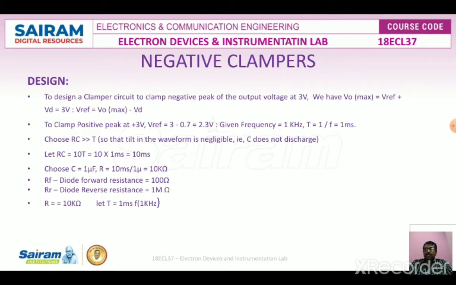By using that we can find the capacitor is 1 microfarad, and R is 10 milliseconds divided by 1 microfarad, which is 10 kilo ohm. RF is the diode forward resistance and RR is the diode reverse resistance, 100 ohm and 1 mega ohm respectively. So R is 10 kilo ohm and T is 1 millisecond.